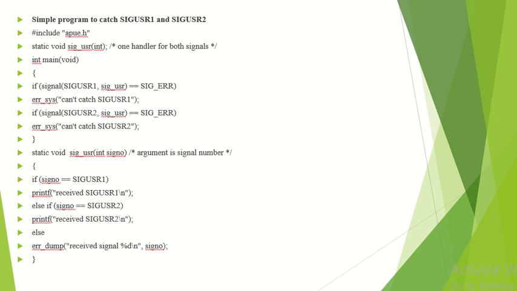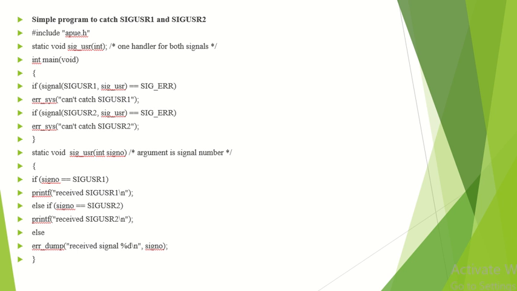We include apue.h, which means Advanced Programming in the Unix Environment. After that we declare a user defined function, static void sig_usr, a handler for both signals. Let's start with the main function, which has no arguments and returns an integer.